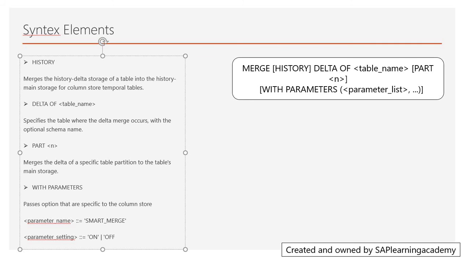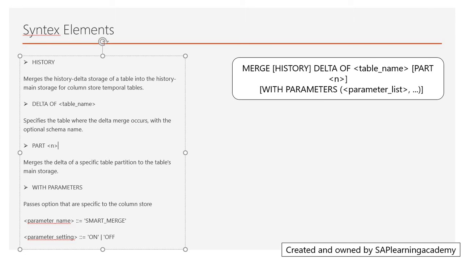So suppose in the delta storage you have a history section, it loads the data of the history section into the history section of your main storage. And the delta of table name, you have to specify the table name. The schema name may not be required here, just write the table name. And if you write the schema name, that's okay.